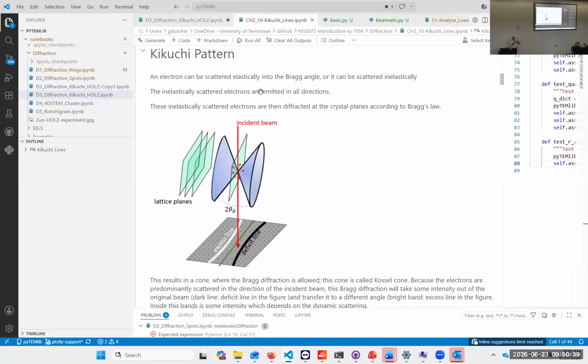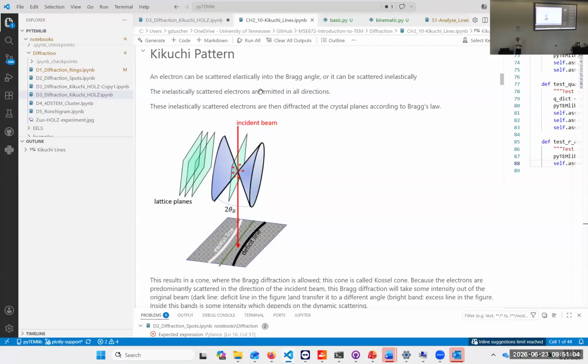And so now you have a source of electrons inside the sample, and they scatter, of course, in all directions. If there is no crystalline material, all you get is a gray background.